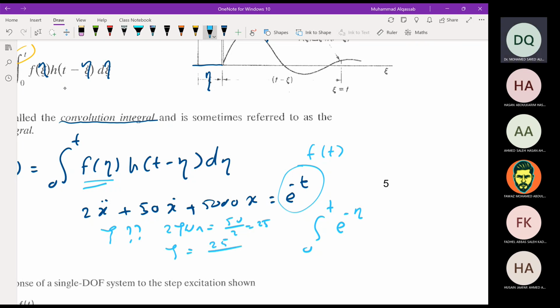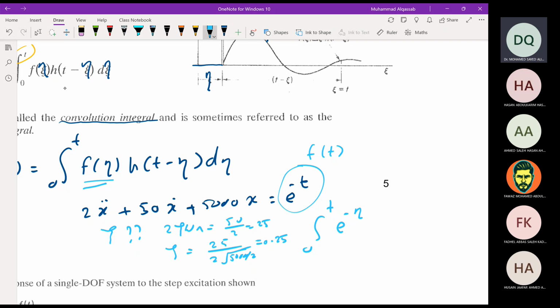So this will be 25 over 2 square root of 5,000 over 2. Okay, let me just work it out. Divided by 2, and that's 50 multiplied by 2. This is 100. This is 0.25, which is less than 1.